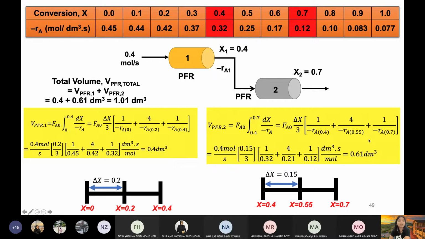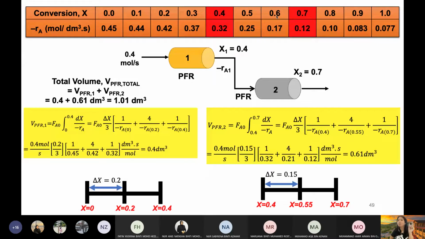Okay, so part ni yang susah sikit sebab if you realize dalam table tak ada 0.55. Okay, so actually this question saya kena ubah sikit. In this question what I do is I interpolate antara 0.5 to 0.6 to get the minus RA at 0.55. However, saya lupa nak ubah dah soalan ni.